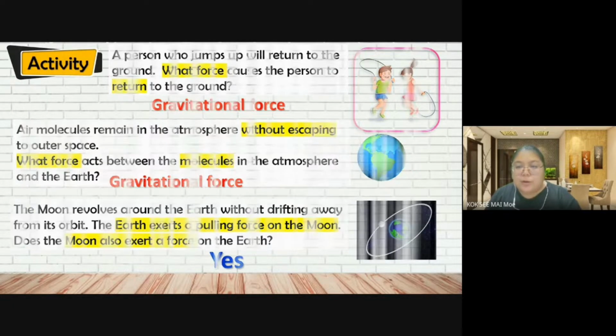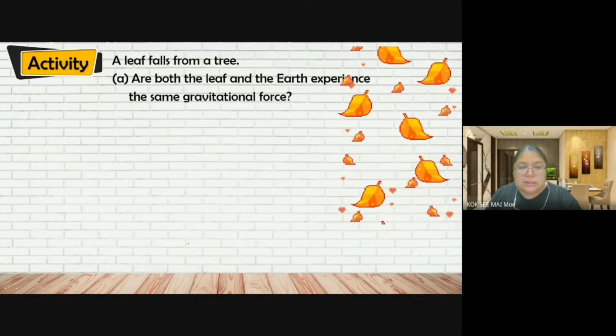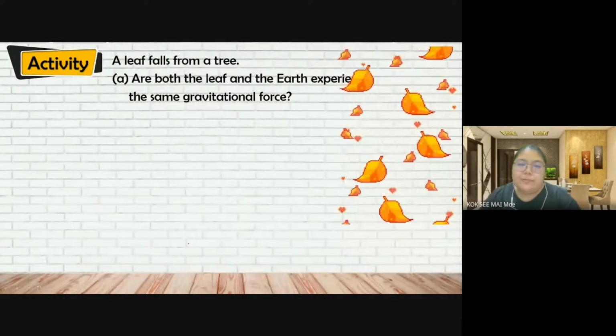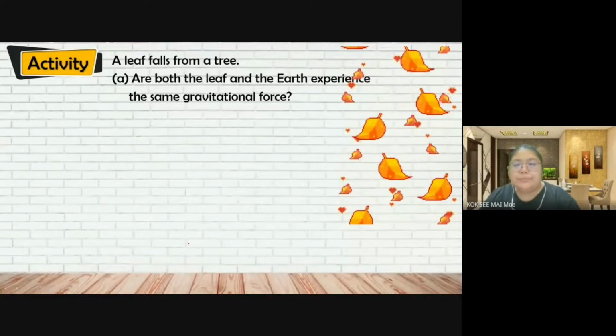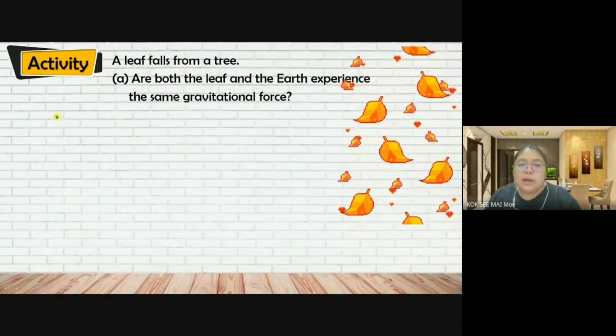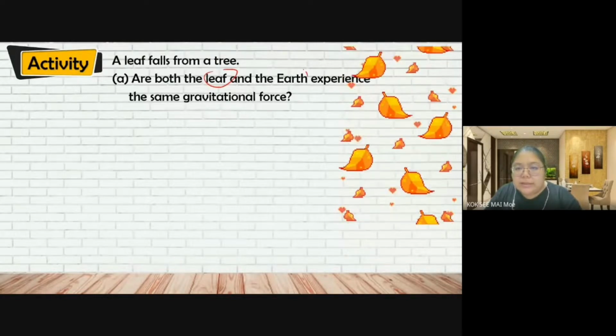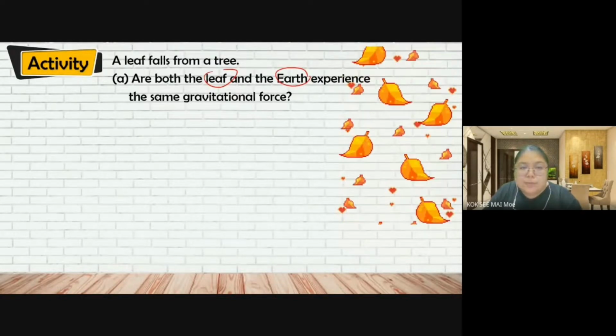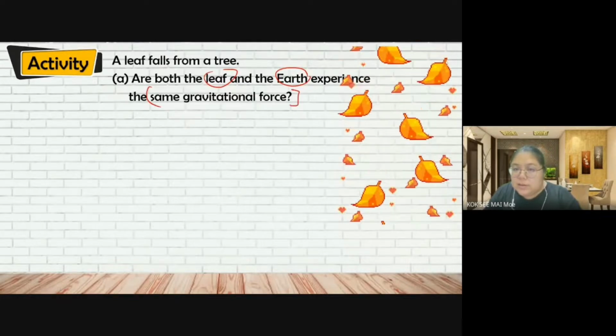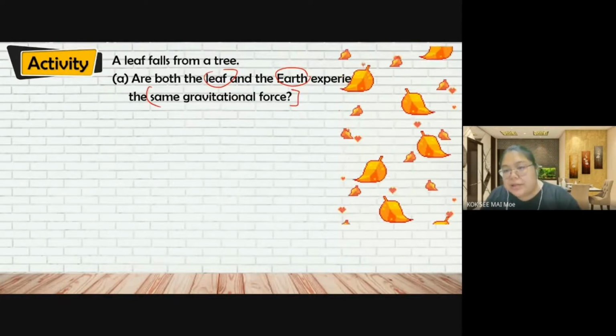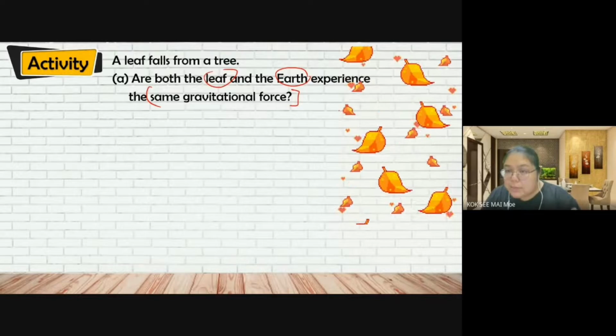Now we continue the activity. The leaf falls from a tree. It falls down. Do both the leaf and the earth experience the same gravitational force? They ask whether it is the same or not.